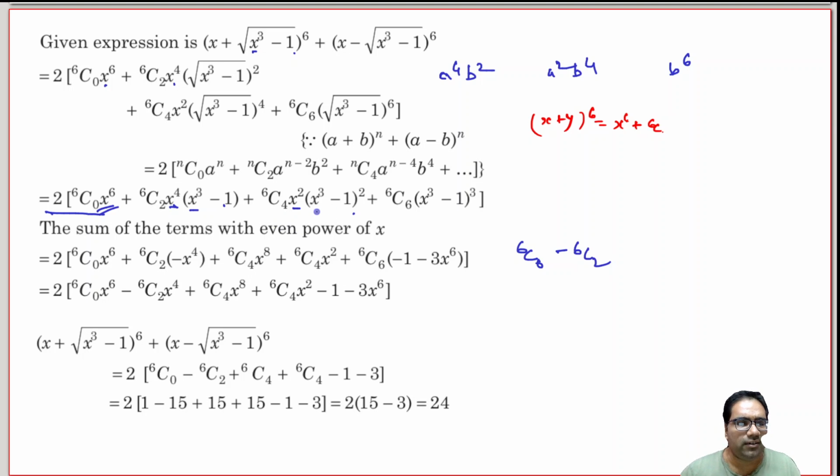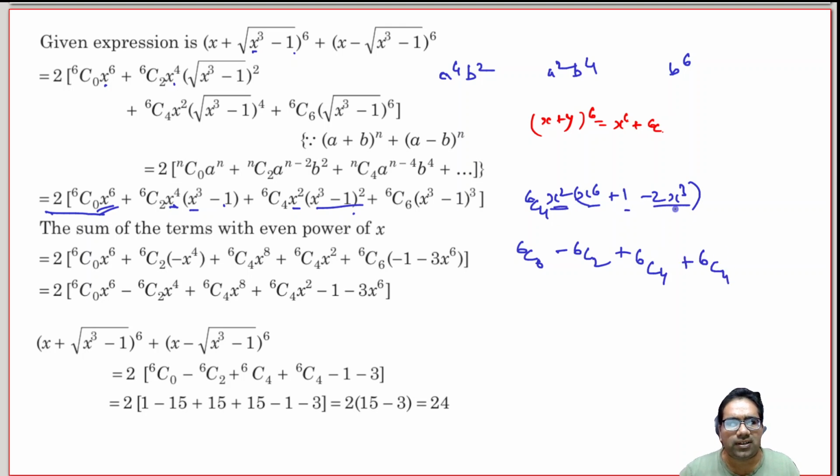And if we do this expansion, this becomes x^6 plus 1 minus 2x^3, into x^2, 6C4 into x^2 into this one. This and this multiplied is even degree, and this and this multiplied is also even degree, so plus 6C4 twice, and this we can ignore. So basically we are getting two 6C4s here.